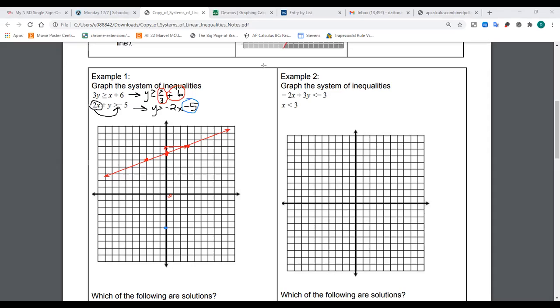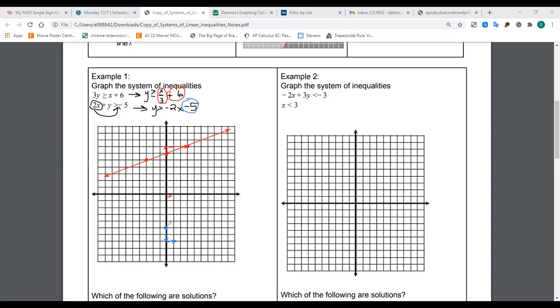For the blue one, I look at this and say, okay, this is negative 2x minus 5. So I know I need to go down 2 over 1. So I'm going to go down 2, then over 1, and that's my next point.